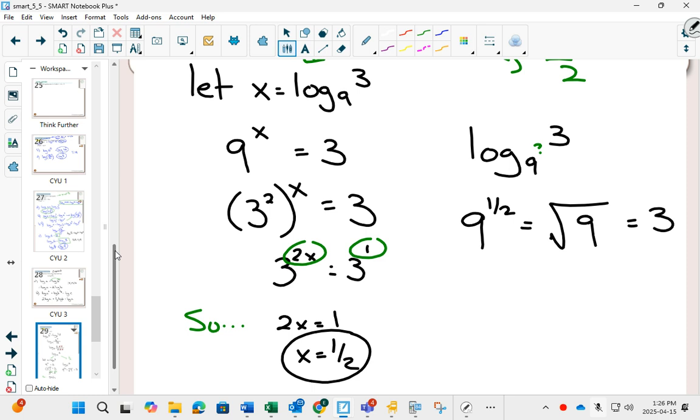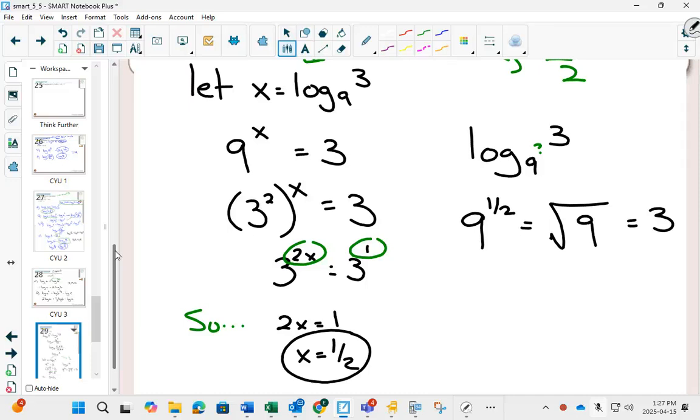But sometimes our brain doesn't see the square root idea right away. So then you could just go back to the technique. Let x equal that, use your powers chart, and solve. But some of you will be like, ooh, I remembered that 9 to the 1/2 is the square root of 9, and that's equal to 3. Then you could just write a half right away. That would be fine as well.